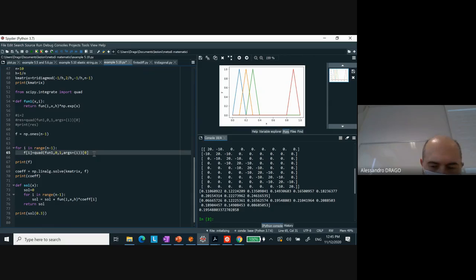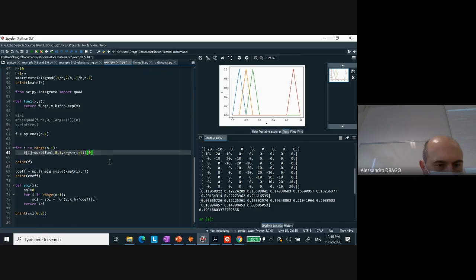No, it probably is even correct, because I want to evaluate fi substituting i plus 1. Okay, maybe it's correct. I have to think a moment. You can maybe also think about that, because I think that the result is correct. I'm not so sure how I wrote it.